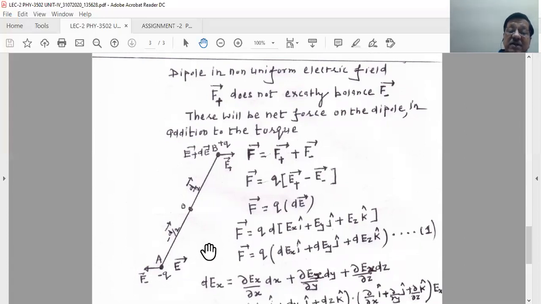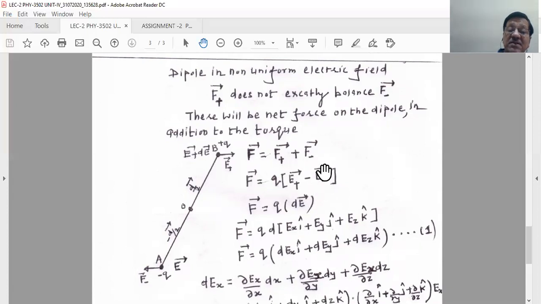You see that E plus means the electric field acting at the positive charge. E minus means the electric field acting on the negative charge. The electric field acting on the positive charge is vector E.